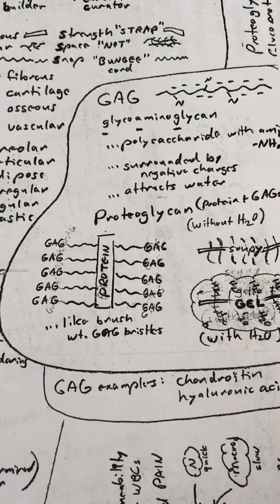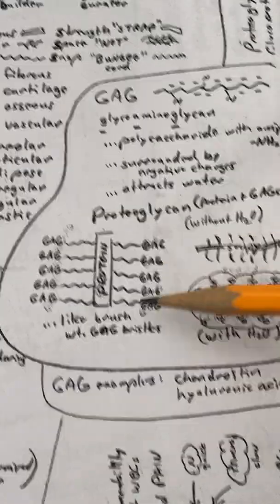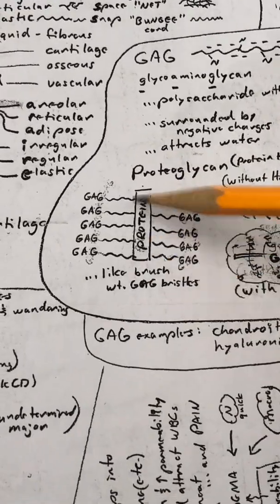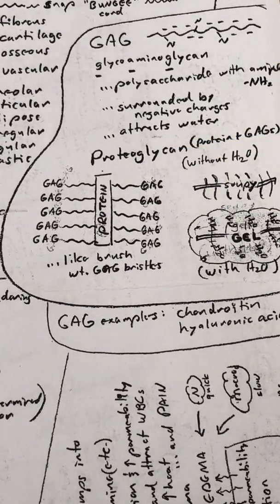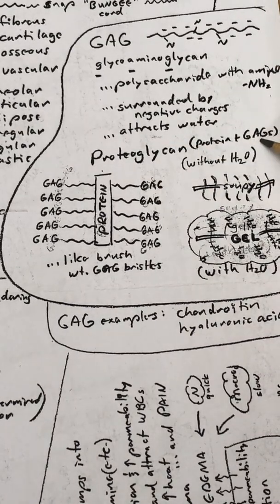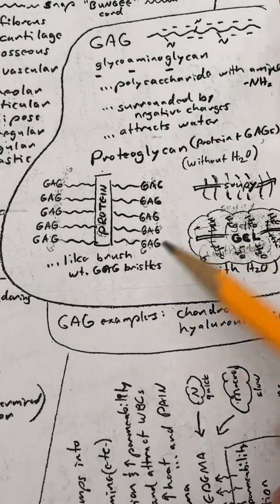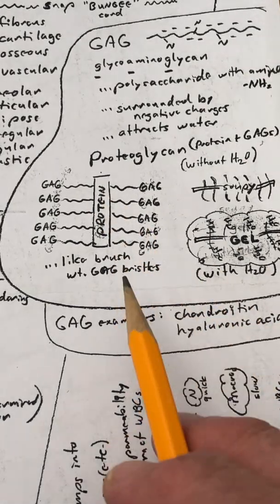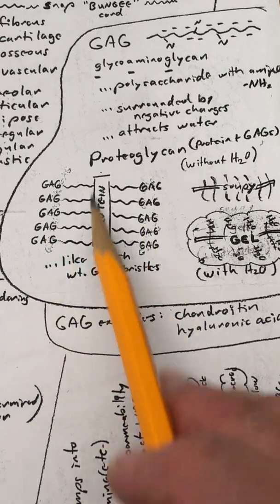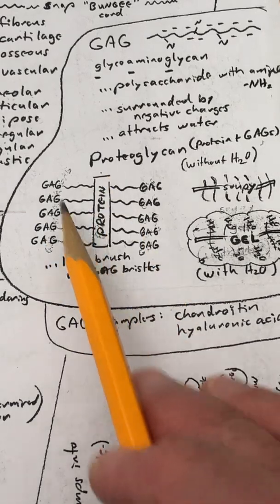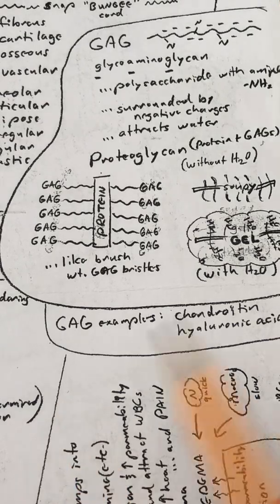Now that's just a GAG molecule. If you take GAG molecules and you attach them to a central protein molecule, then you've created something called a proteoglycan. It's the protein and GAG molecules. The structure right here sort of looks like a brush with bristles on it. And the solid core is the protein, and the bristle-like structures are the GAG molecules.